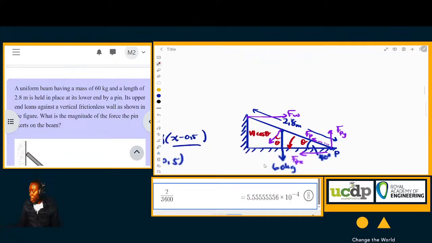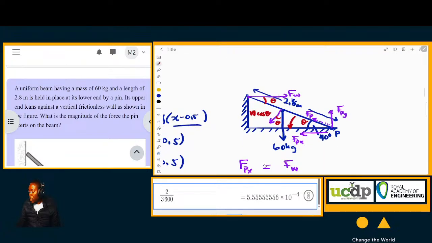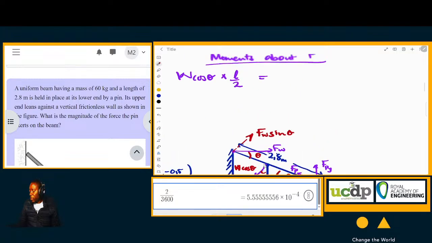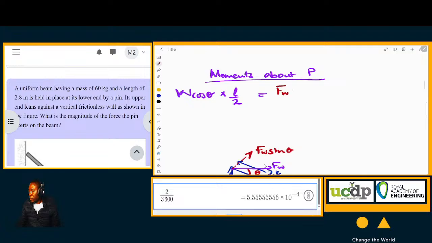Whereas here, this is still theta, but the component that's perpendicular is the one we want, and that would be Fw sine theta. So Fw sine theta multiplied by L is the other moment.